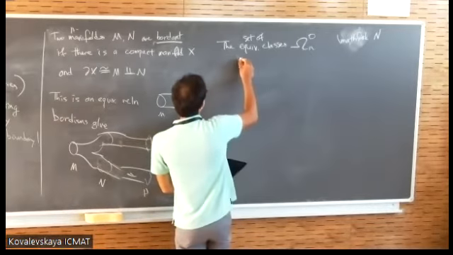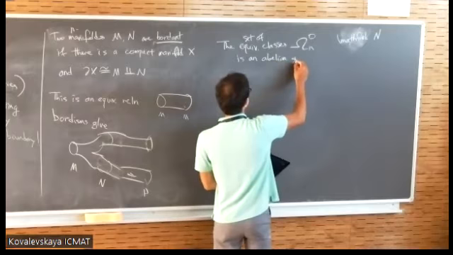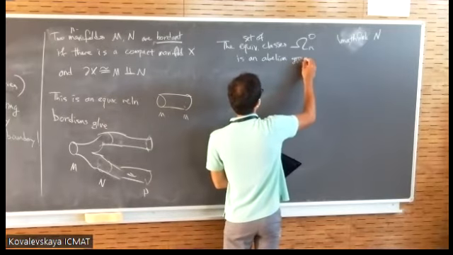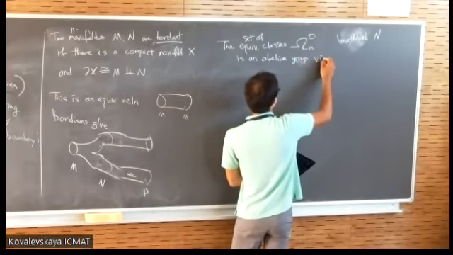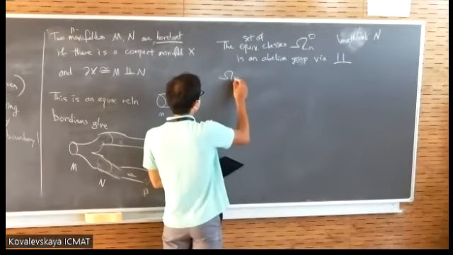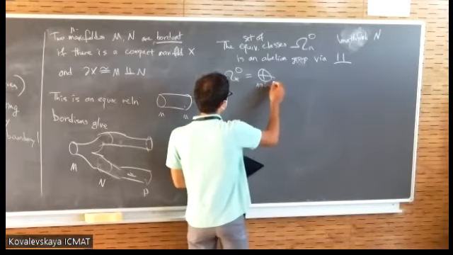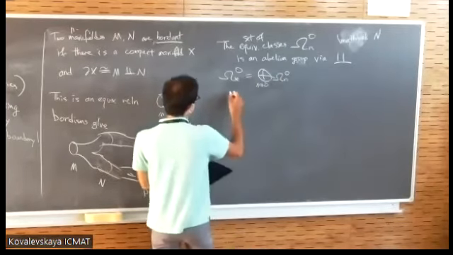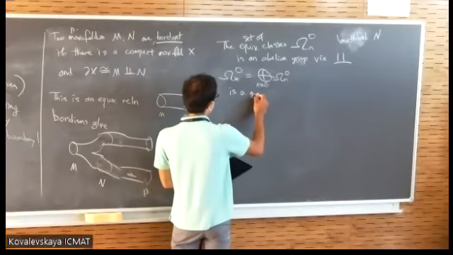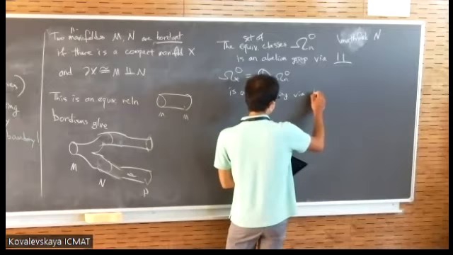So this is an abelian group under disjoint union. And in fact, if you consider this for all dimensions at once, this is a graded ring, with the product being the direct product.